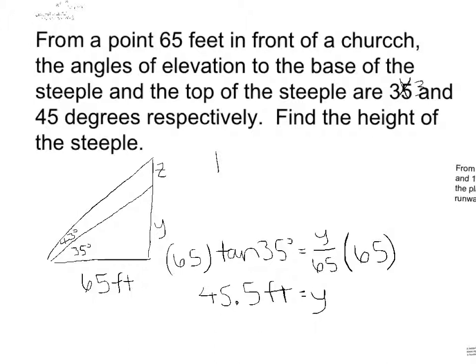So it's tangent of 43 degrees equals z over 65. Okay, let me ask you something real quick. Is Z just that part? Yeah, z is just a little part. Are you sure?